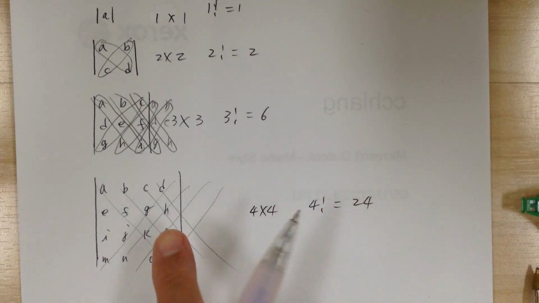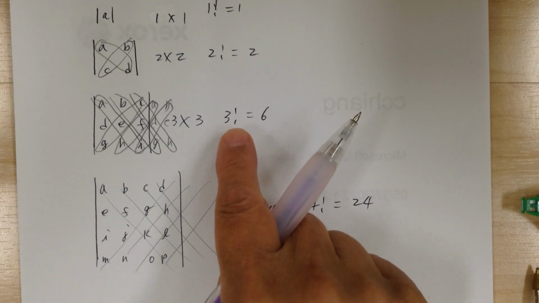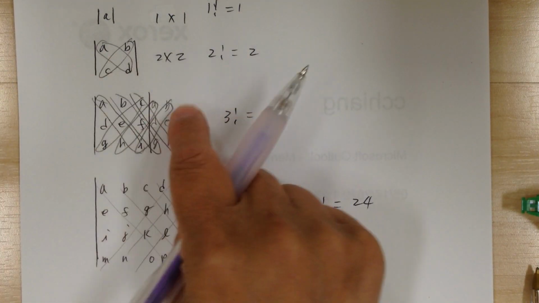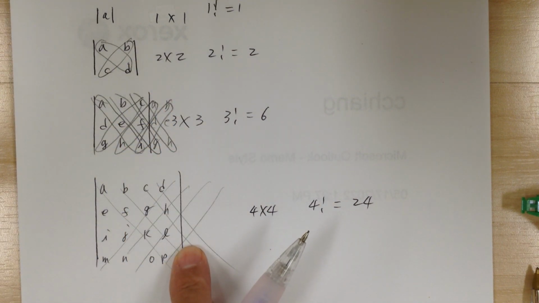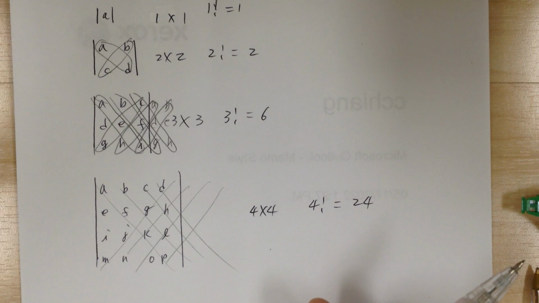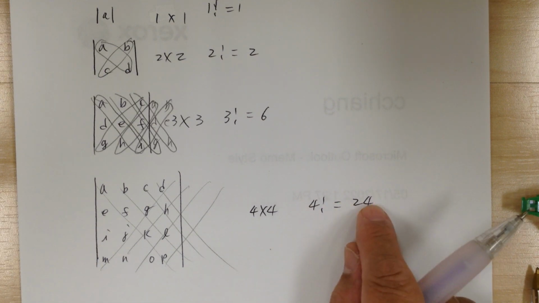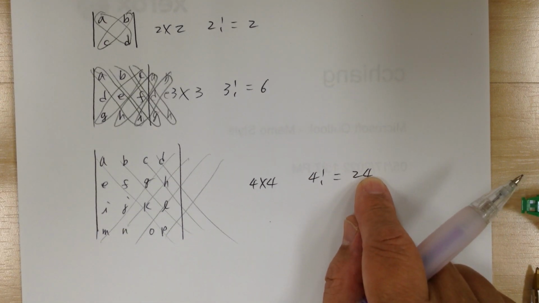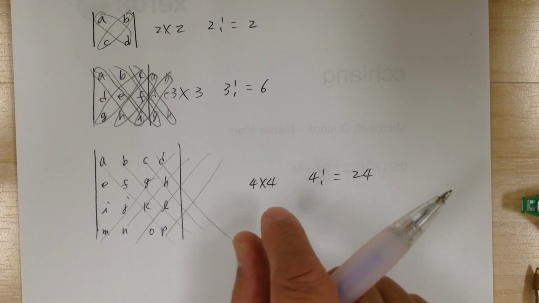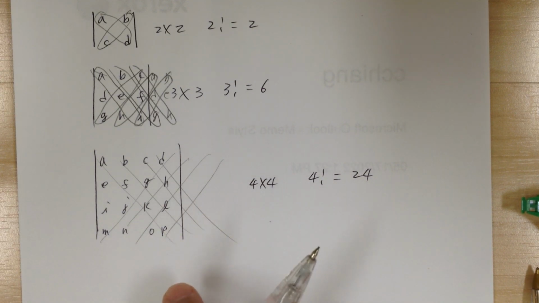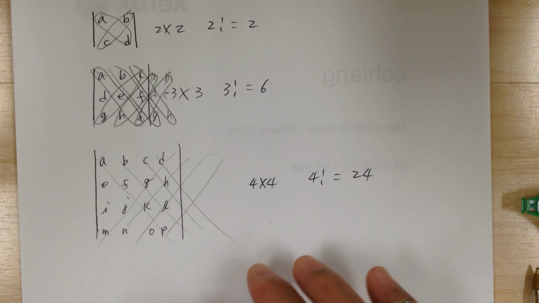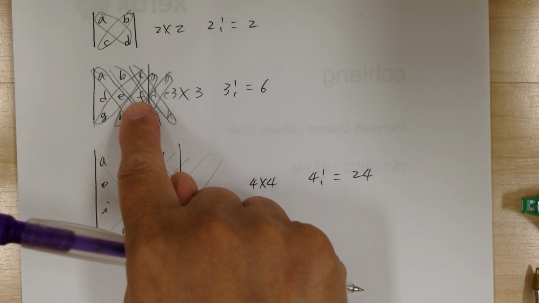Okay? So that's why when you have more than 3 by 3, the diagonal only works for 2 by 2 or 3 by 3. When you get to 4 by 4 or more, to get all the permutations it's too confusing, so it's better to do something called expansion by minor. Expansion by minor can also be used for the 3 by 3.